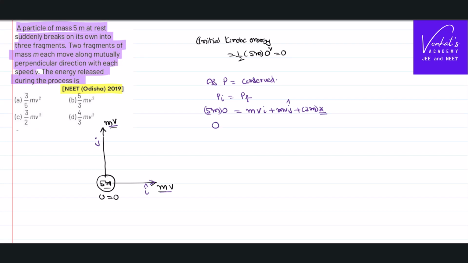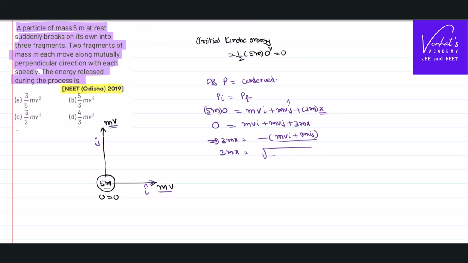So initial momentum equals 0, which equals mv i cap plus mv j cap plus 3m x. So 3m x is equal to minus of mv i cap plus mv j cap. This is a vector. You want its magnitude? It is the root of x component square plus y component square.